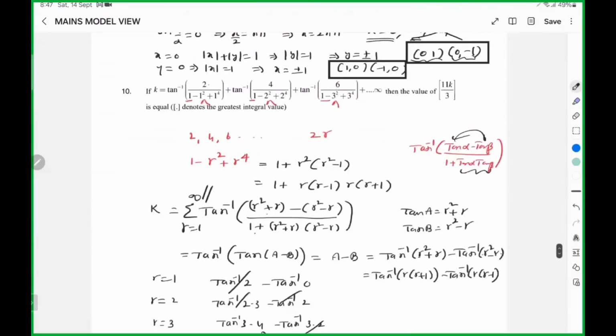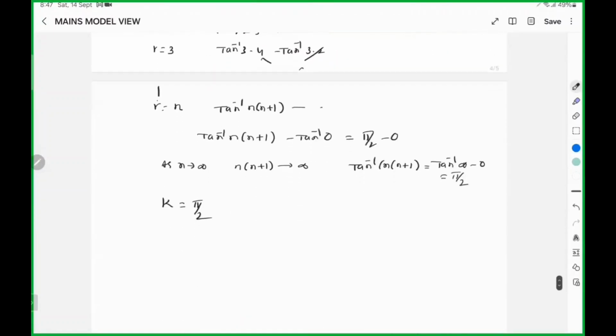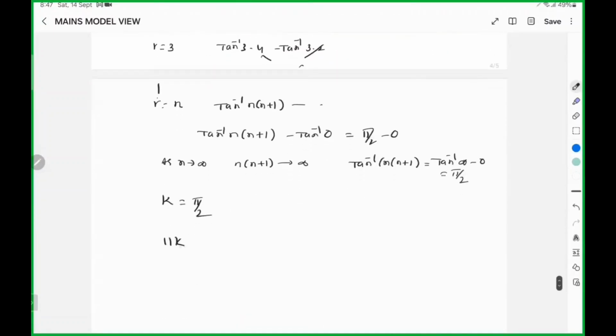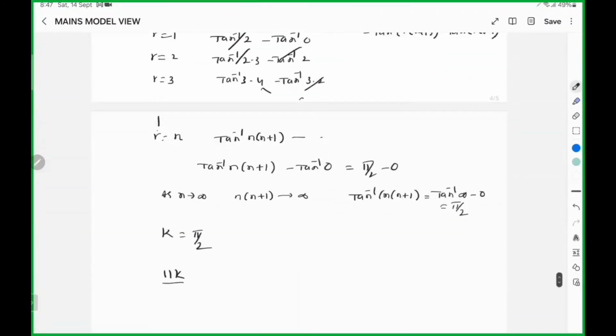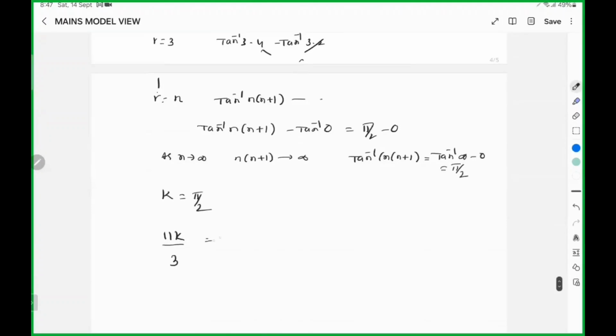Then here what you have to find out is 11k by 3, that is 11 by 3 into pi by 2. So the step function of 11k by 3 will be roughly 3.1 or 5 point something, which is 5.